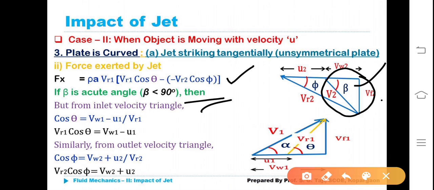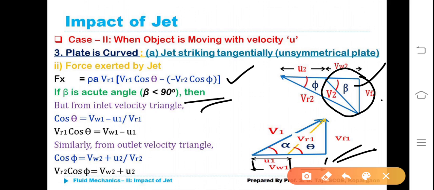But from inlet velocity triangle, cos theta is equal to, you have to take all trigonometric ratios and you have to find out the magnitude. Cos theta is equal to Vw1 minus u1. This is Vw1. This is u1.